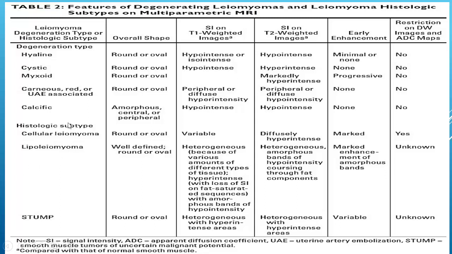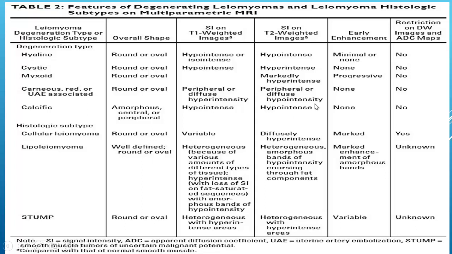But in the calcific type, because the calcification is signal void, we can find that it is amorphous in appearance. If you suspect that there is calcification, please do a second look ultrasound to see the calcified foci. Signal intensity on T1 weighted image is hypo to iso-intense in all of these, but in the calcification it is hypo-intense in T1 and T2.